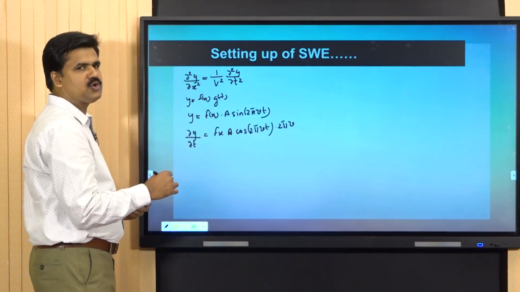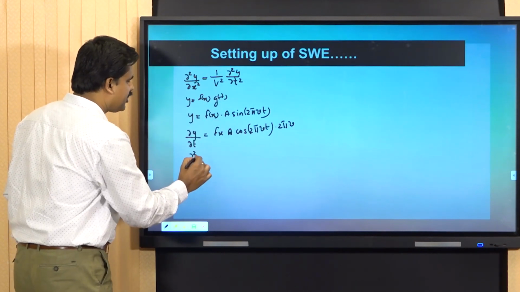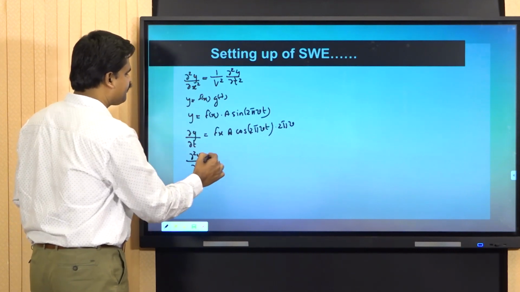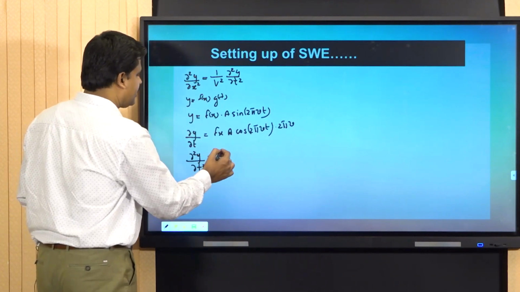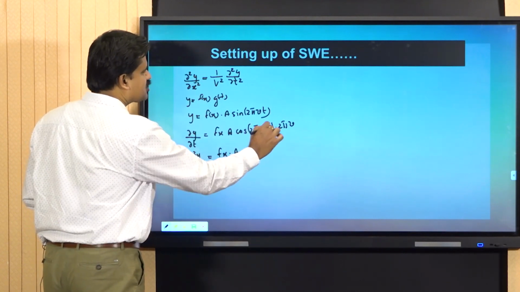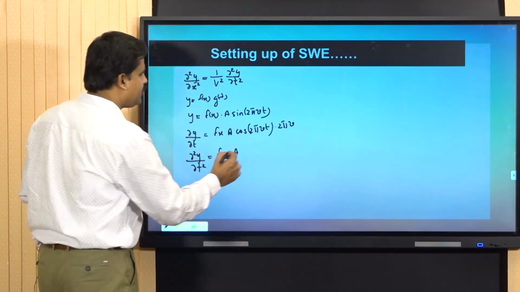I am differentiating it once again to substitute here. Therefore, ∂²y/∂t² is equal to f of x into a cos 2 pi nu t is replaced by minus a sin 2 pi nu t.